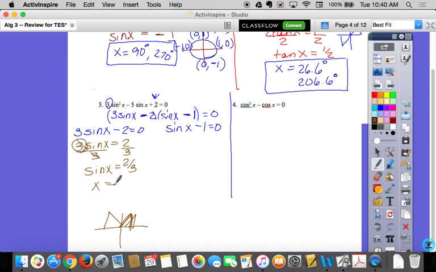So you type in your calculator second sine 2/3, hit enter, and you should come up with 41.8. That's your first quadrant answer. Now to get the second quadrant answer, you've got to do 180 minus that. And that would give you 138.2 degrees.